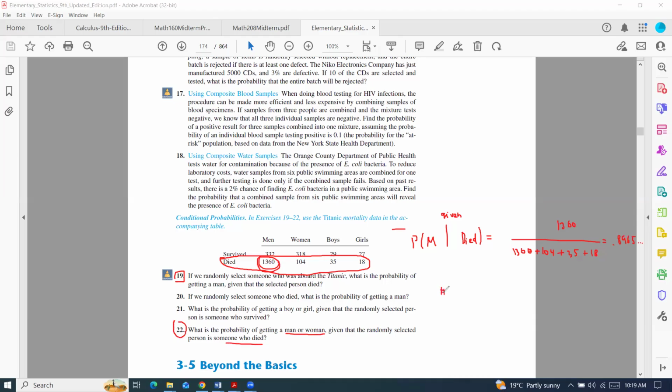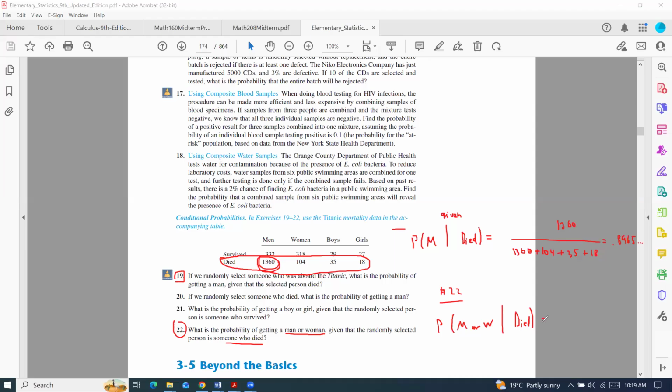So we are given that same exact condition that we are dealing only with the second row, but now it's changed. It's either a man or a woman. And again, it's given that somebody has died. It's pretty sad, but let's calculate it.